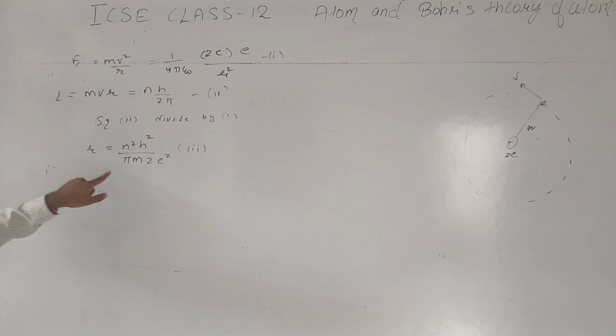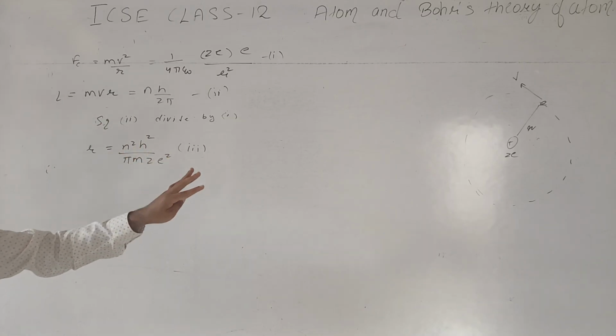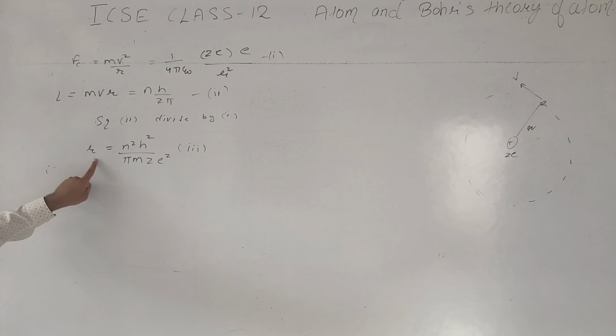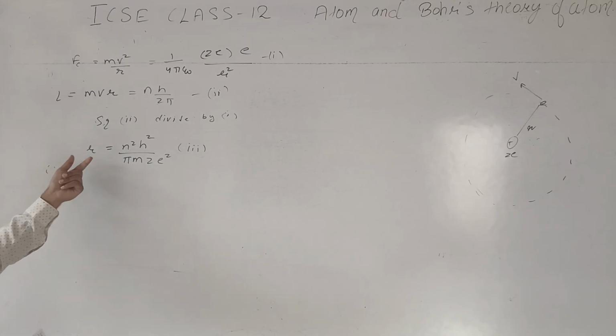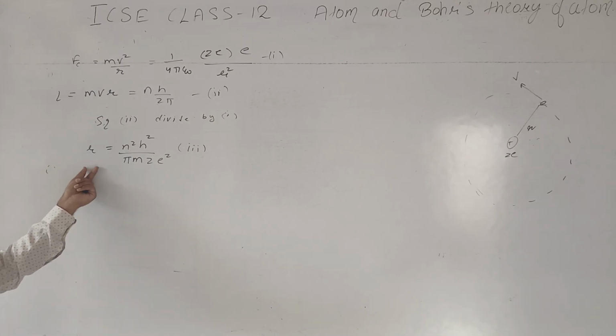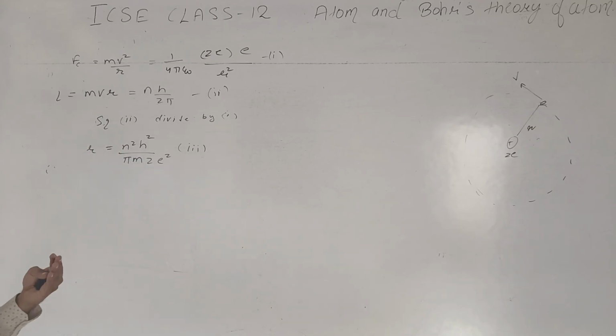After dividing, we can simplify it by bringing the r to the left side, and all other terms will move to the right side, and we get this equation. This equation is what we want to study in Bohr's theory. We have to study the relation between the radius and this number n, because everything is quantized according to Bohr. So we talk about the first orbit, second orbit.